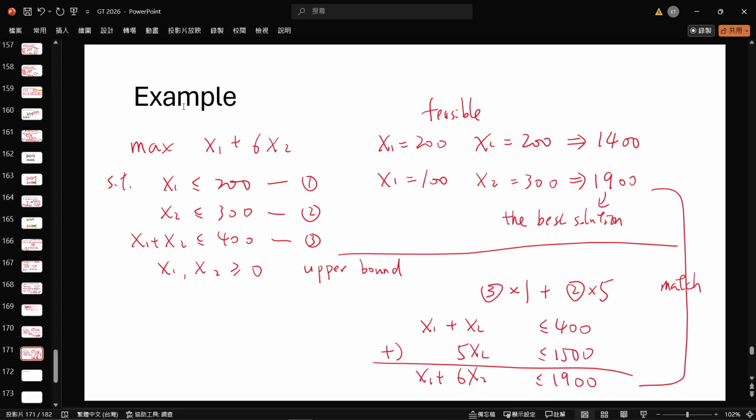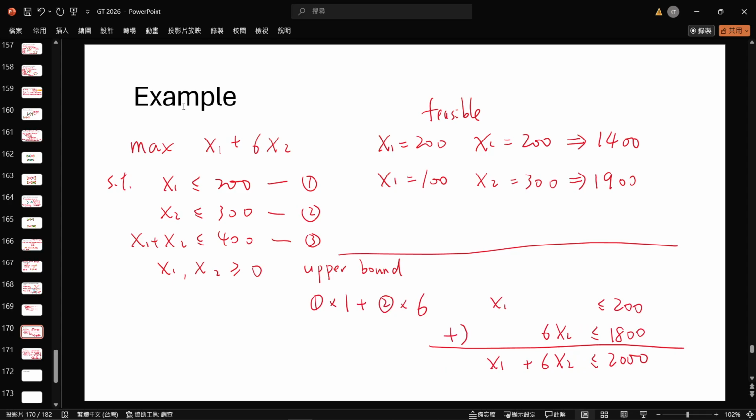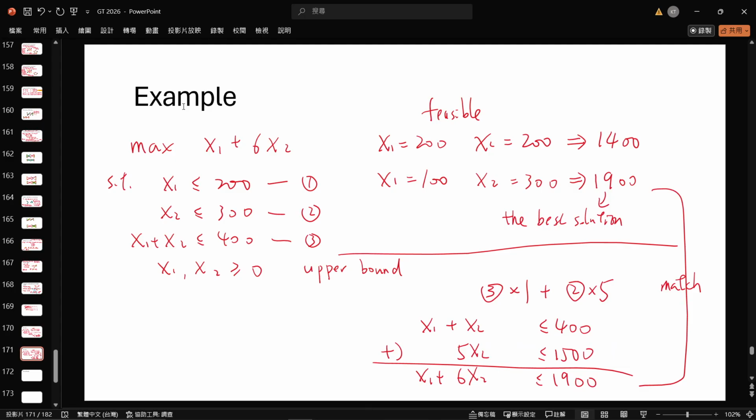If I treat these weights as variables, then it's like I have two solutions. The first solution is 1, 6, and this gives us 2,000. And the second solution, once again, treating this 1 and 5 as variables, gives us 1,900.